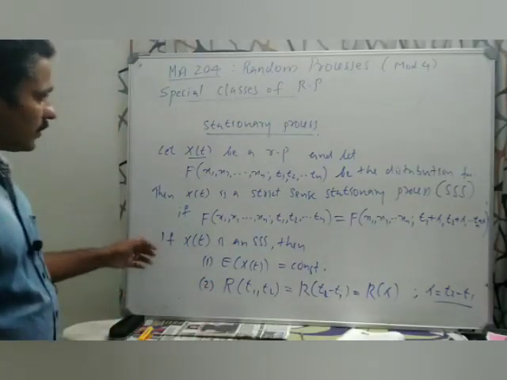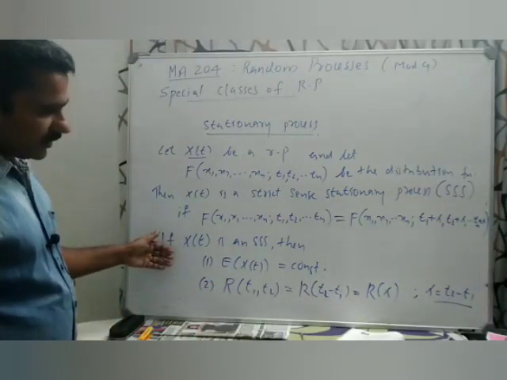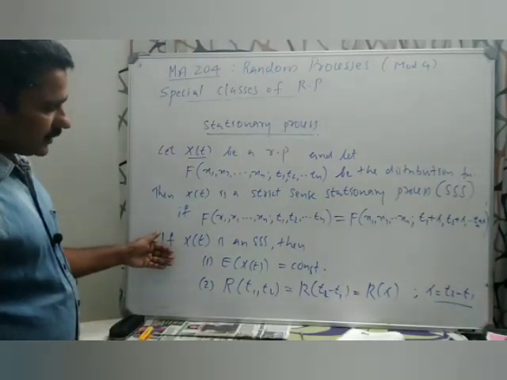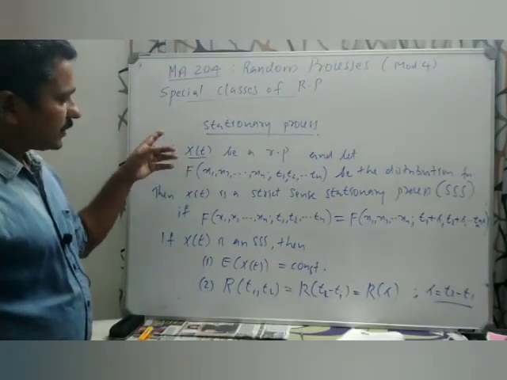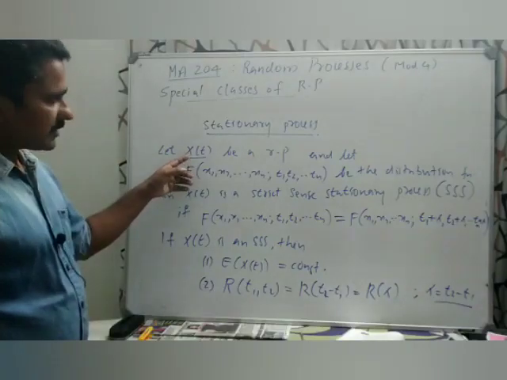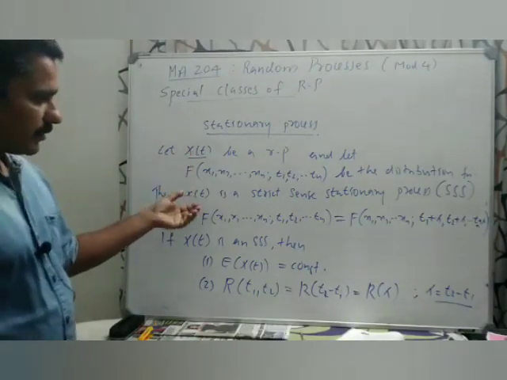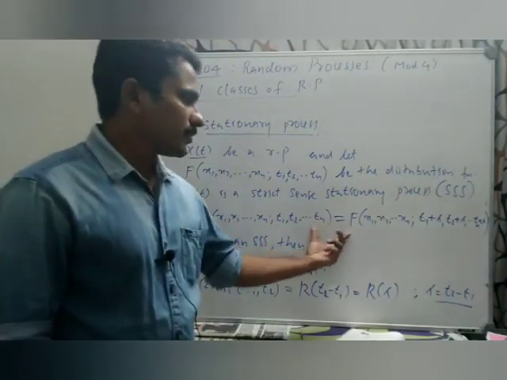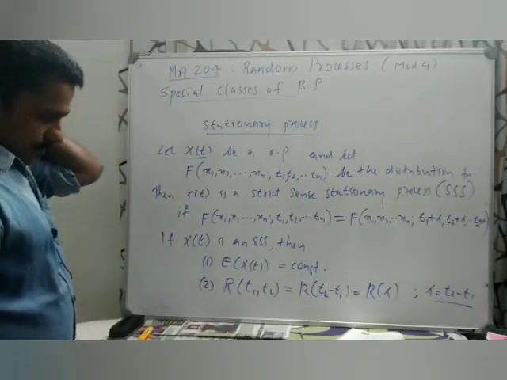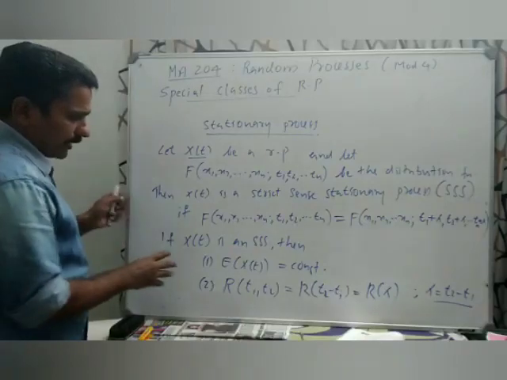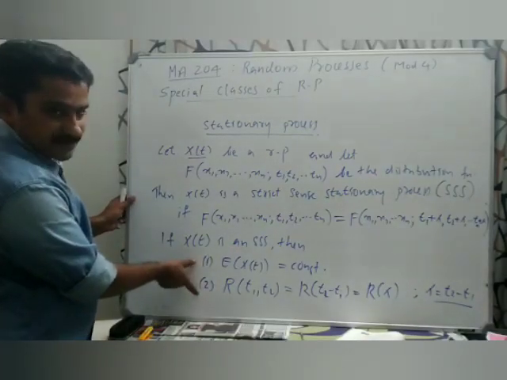Now, it's not easy to prove that a given random process is strict sense stationary, because this condition is not easy to prove. So we mainly focus on these two conditions.